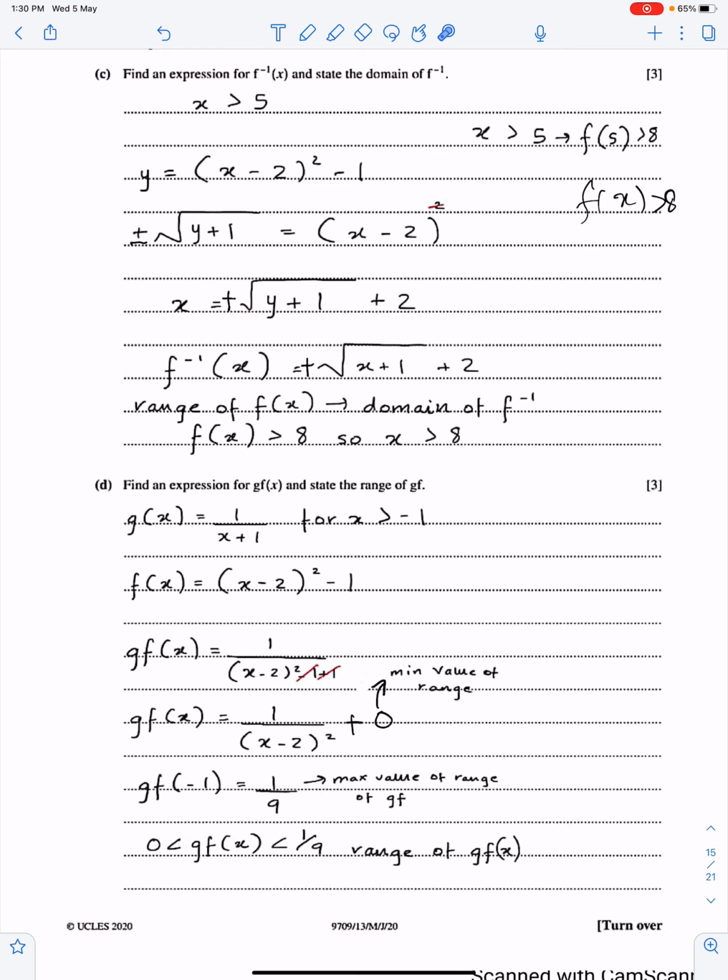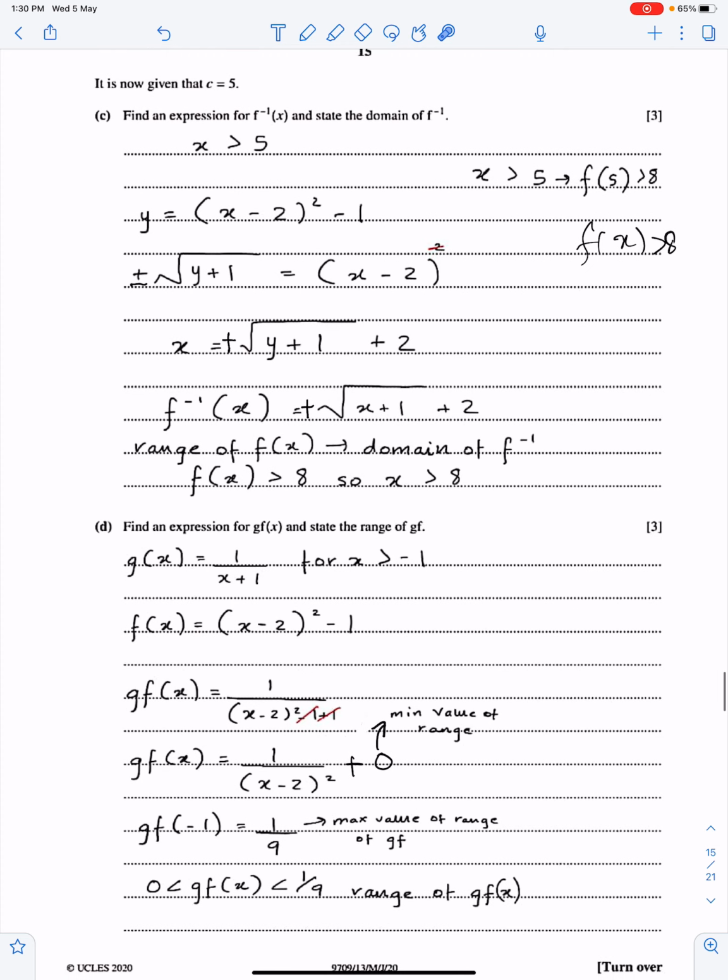So when we substitute minus 1, which is the domain of f, we get 1 upon 9. This is the maximum value of the composite function and this is the minimum value. Therefore, the range will be 0 to 1 upon 9. You should watch my lecture on reciprocal functions in order to understand these things in detail.